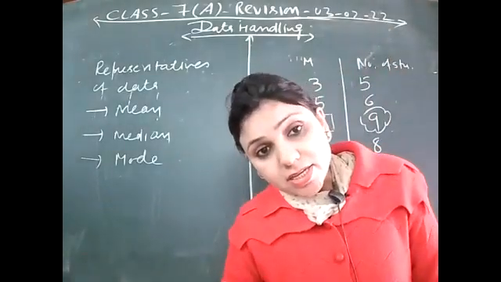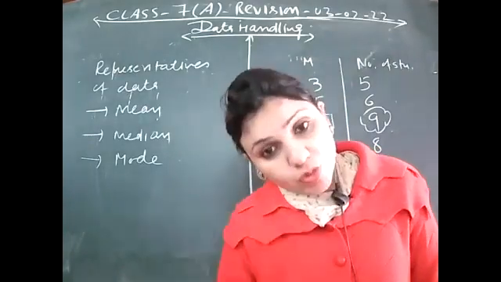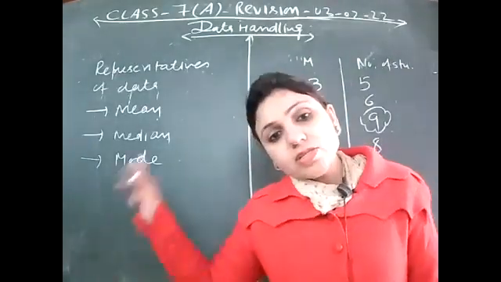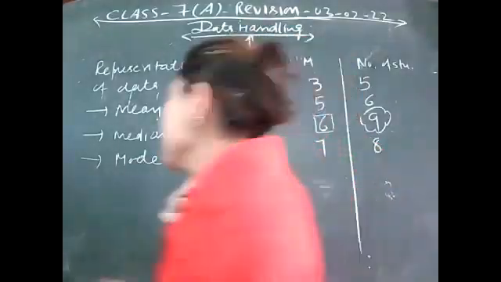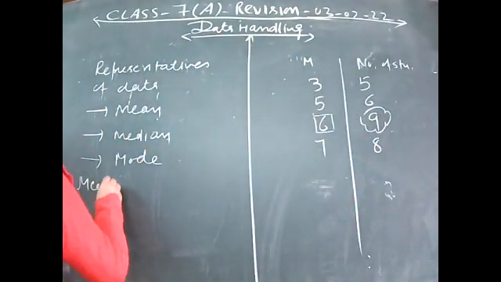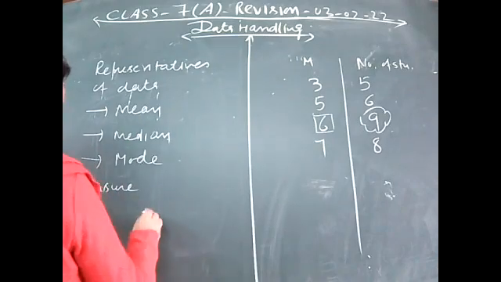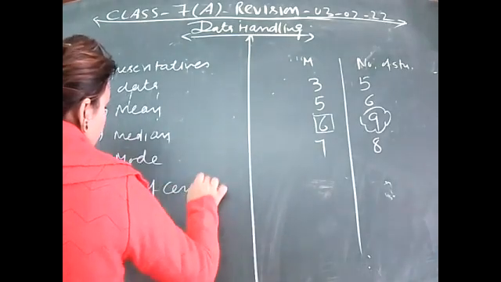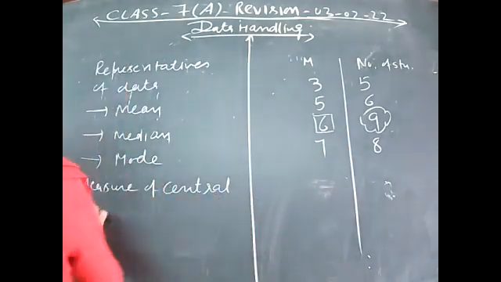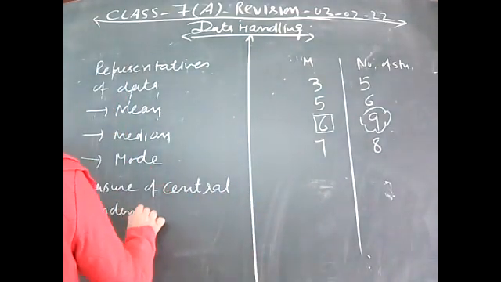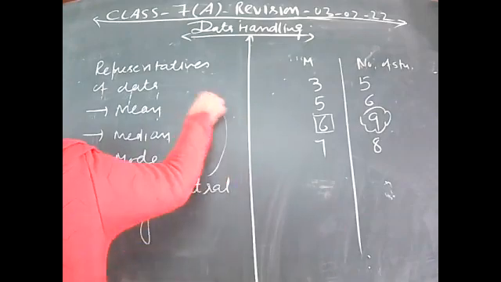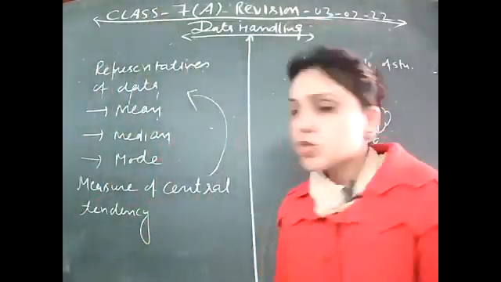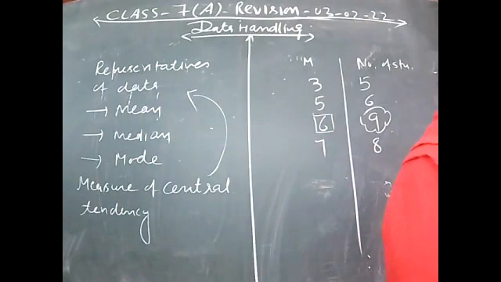Data की tendency, data की location किस value की तरफ shift हो रही है, that is given by measures of central tendency. These all are representative of data. These three are the measures of central tendency. अभी इनको हम one by one discuss करेंगे, mean, median, mode को.